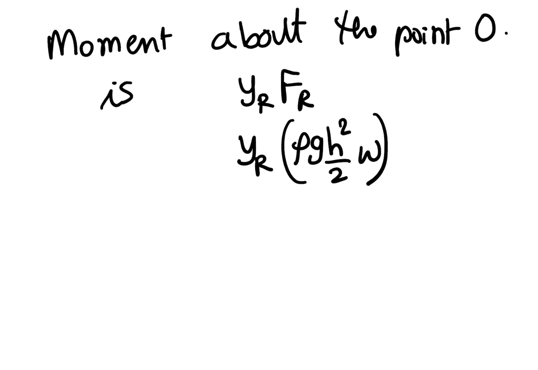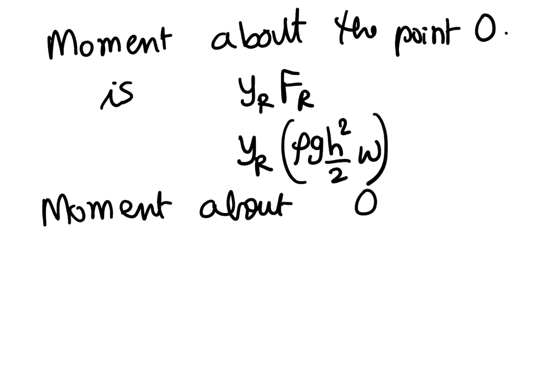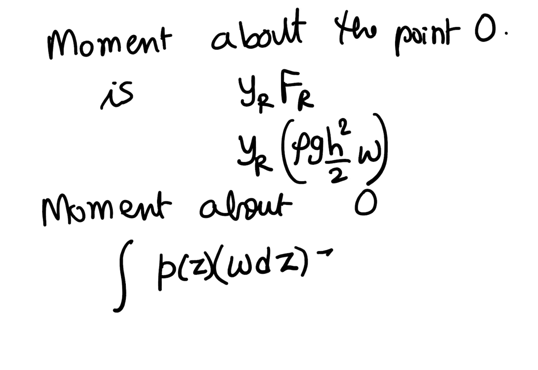I can also calculate the moment about O by writing the integral of P of Z times W dZ times Z. This Z is the moment arm.